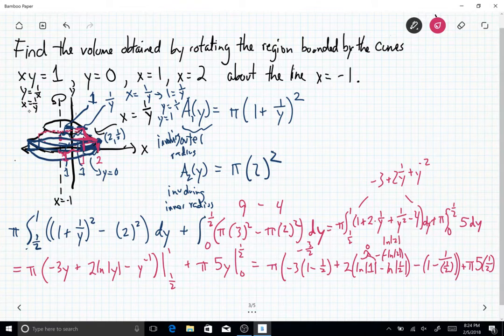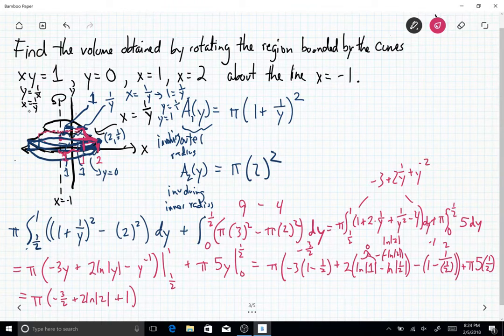And then this becomes 1 minus 2, which is negative 1, and negative 1 makes a positive 1. So you have pi times negative 3/2 plus 2 natural log of 2, and then we have plus 1.